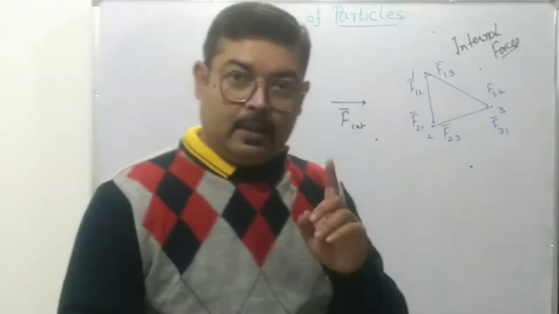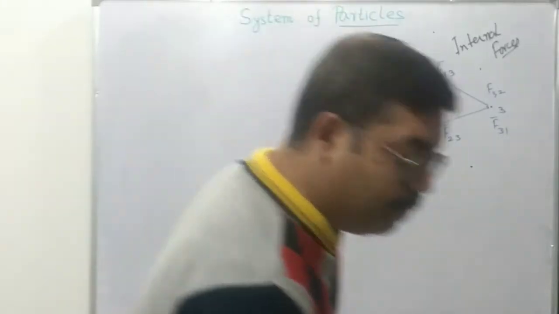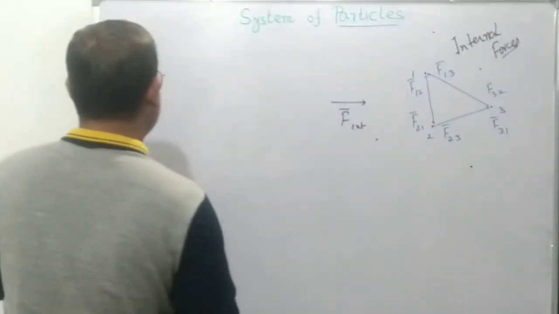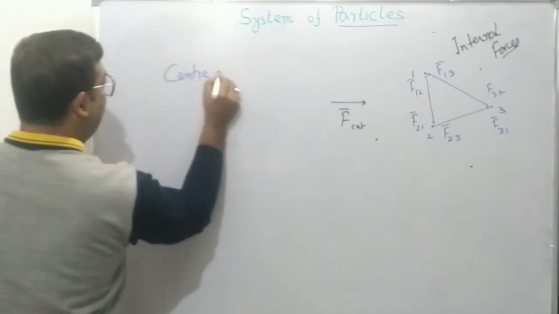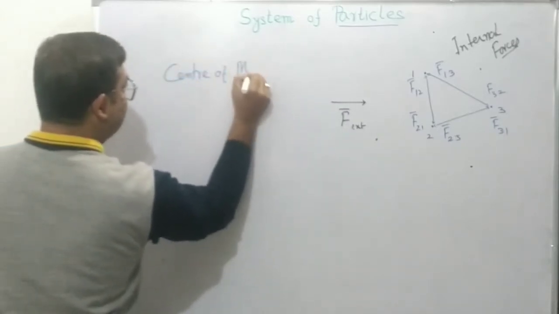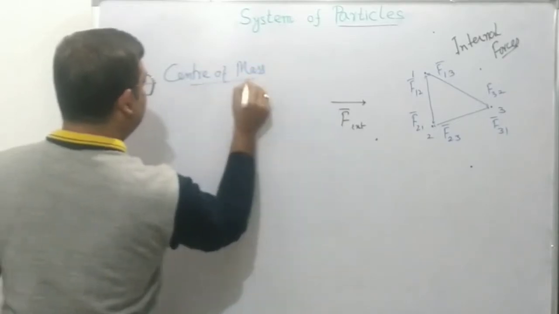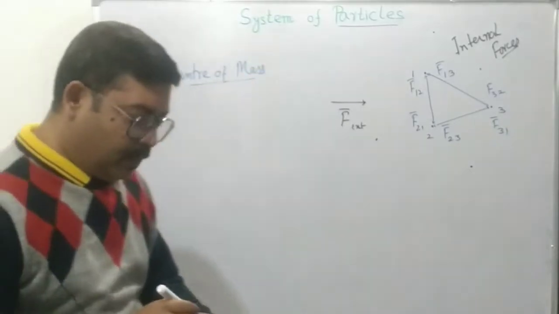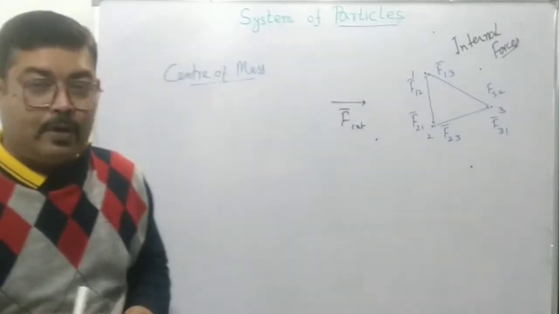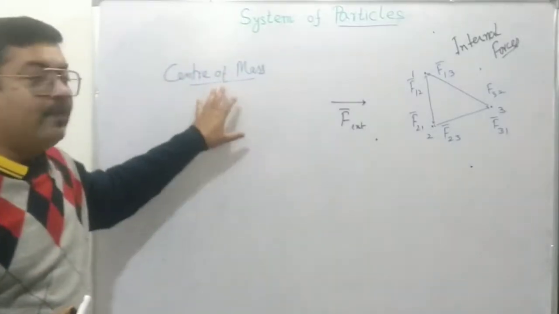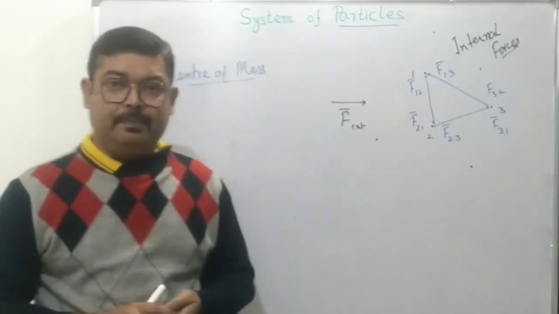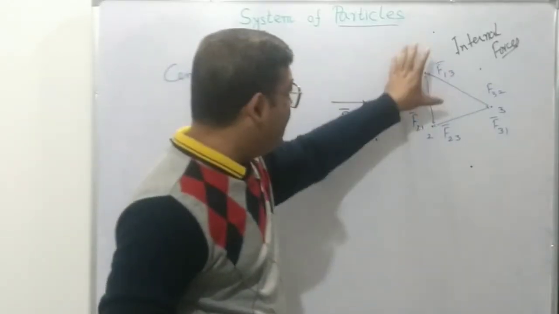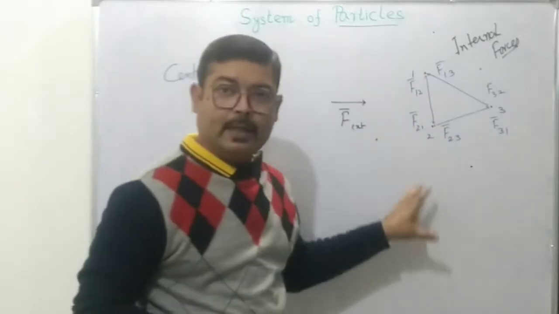Okay. Now we are going to define another very, very important term, and that is center of mass. Now, what is center of mass? First of all, we need to find why we need to define a term known as center of mass. See, we have seen in this that there are a lot of forces acting on it.